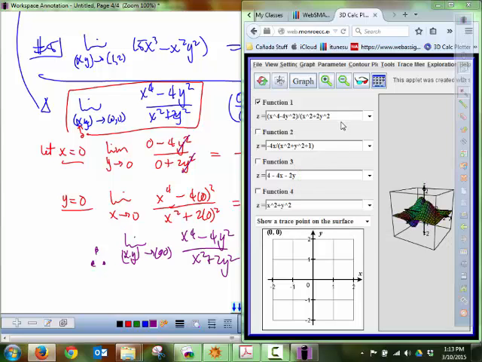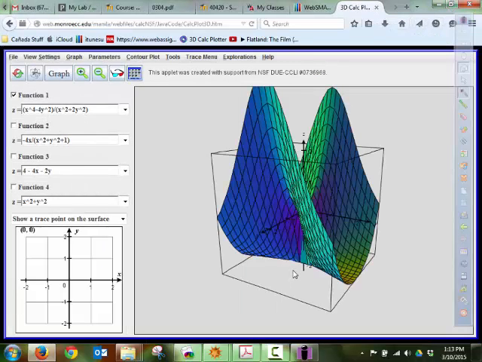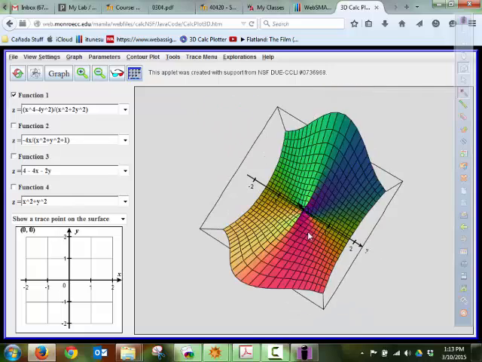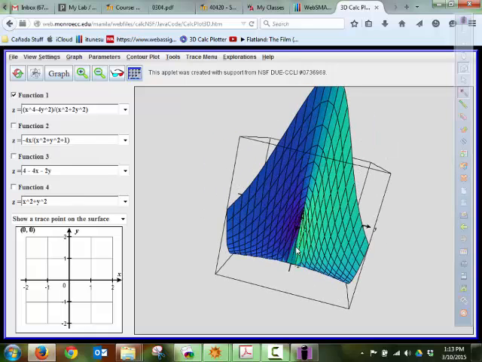Be careful with your parentheses, right? It looks like an innocent looking function, but if you take a look at this middle part, at 0 is right where we're concerned about, right?